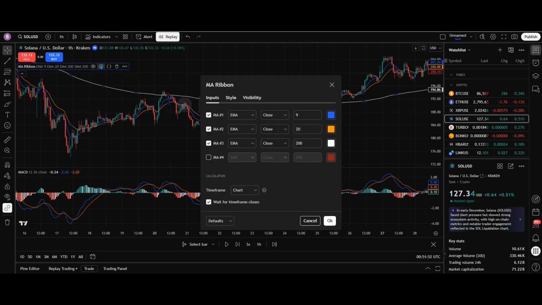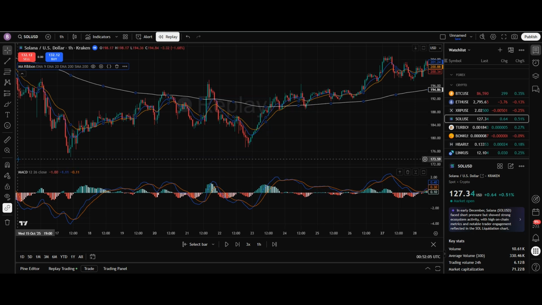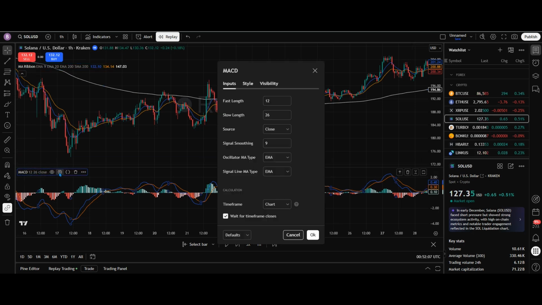As you know, previously I had 3 EMA lines: 9-day, 20-day, 200-day. 9-day is going to be my fast day, and the 20-day is going to be my slow day. I'll show you what that means when it comes to the MACD. So you go over to the settings. Fast length is going to be 9. Slow length is going to be 20.